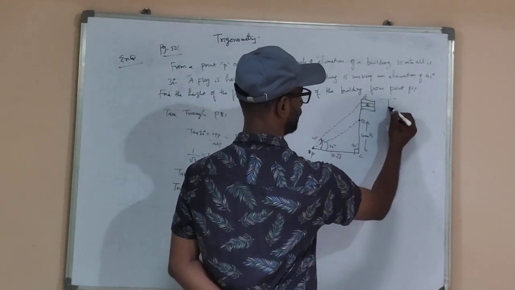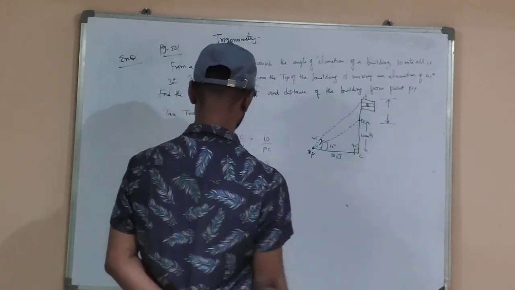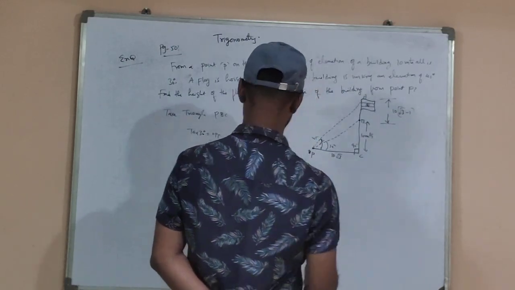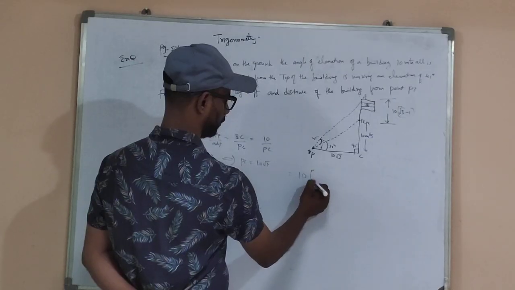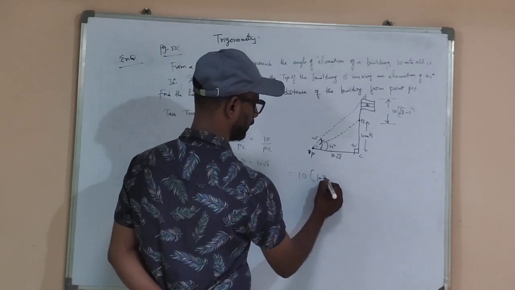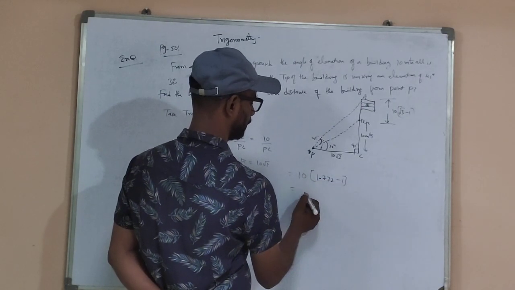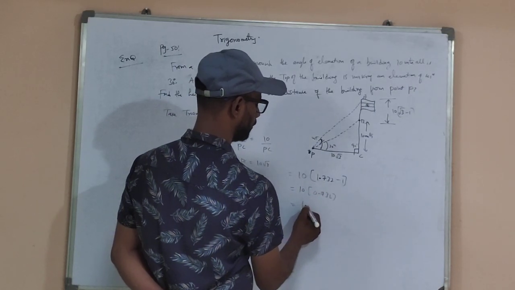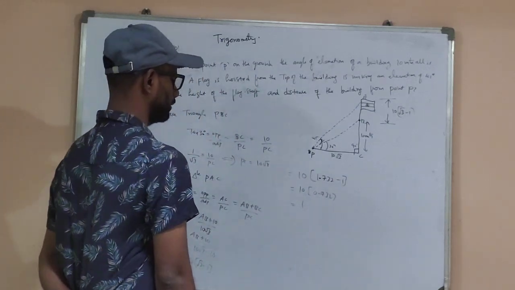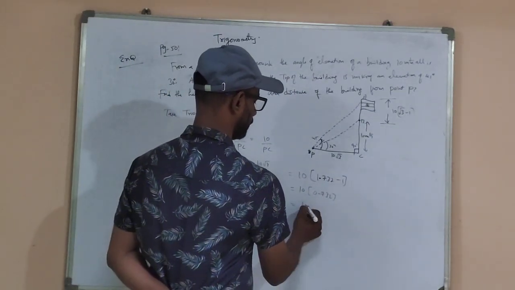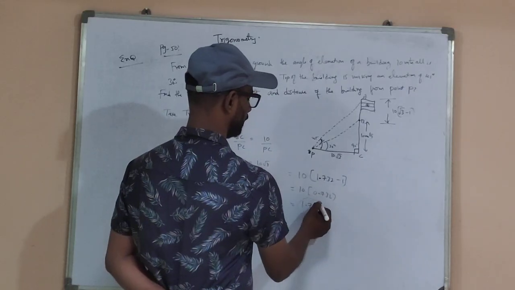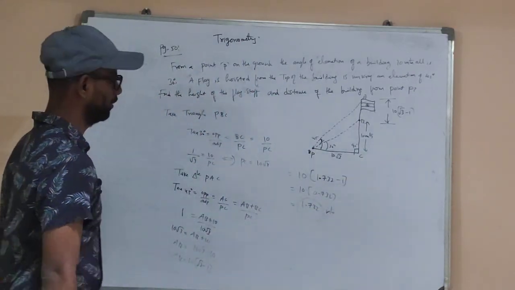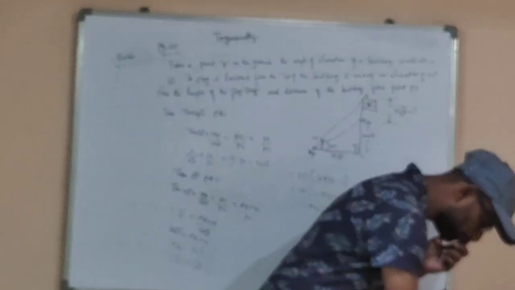Further solving, root 3 is 1.732, minus 1 is 0.732, into 10.